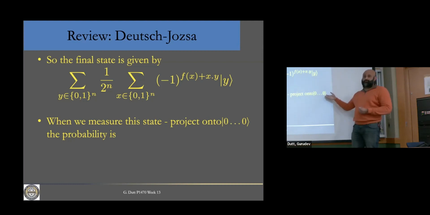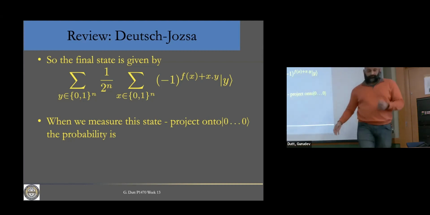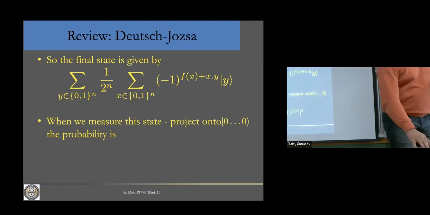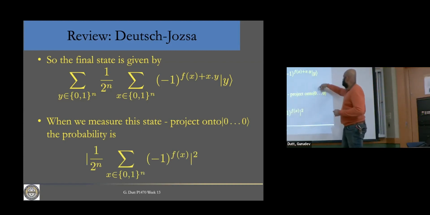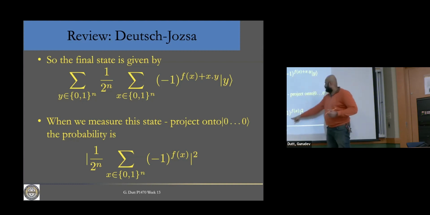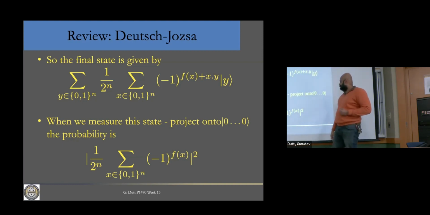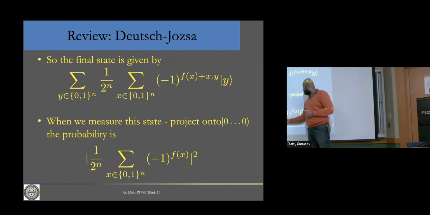But we can calculate what the probability is to project onto the 0 state. And that is simply given by this, because when we measure the state y equal to 0, that means that x dot y is 0. Therefore, this is the output state with this probability. So the probability to get the state 0 on the output is this.